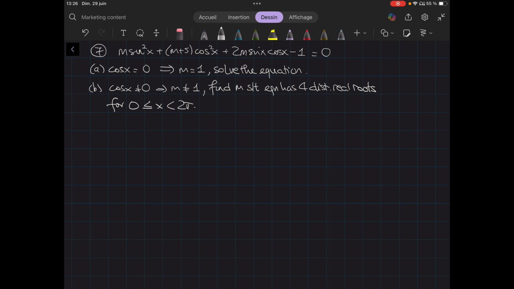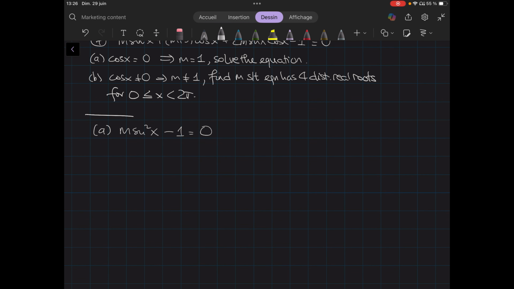Part A. If cos of x is equal to 0, show that m is equal to 1. Easy peasy. Plus m plus 5. Cos of x is equal to 0. Gone, gone. Minus 1 is equal to 0.